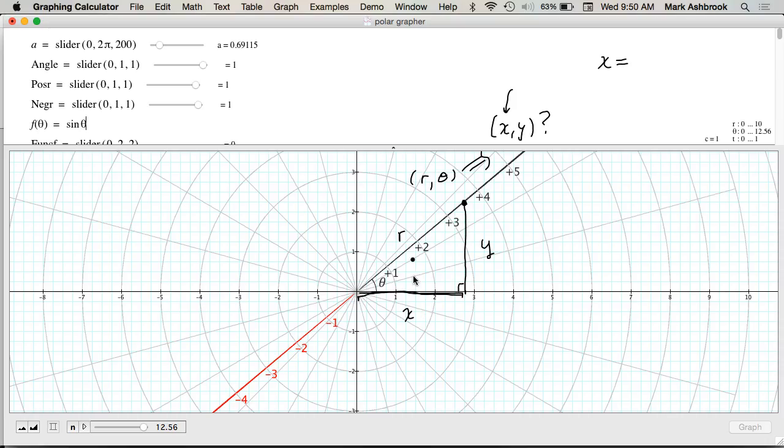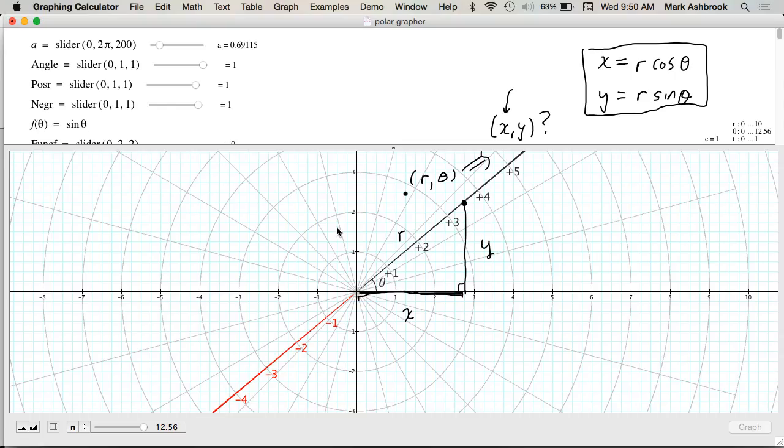It's going to be x over r, and so x is r cosine theta, from our trig relationships, right? And y is? So this would be if you had your polar coordinates and you wanted to convert to rectangular coordinates. X is going to be r cosine theta, and y is going to be r sine theta.